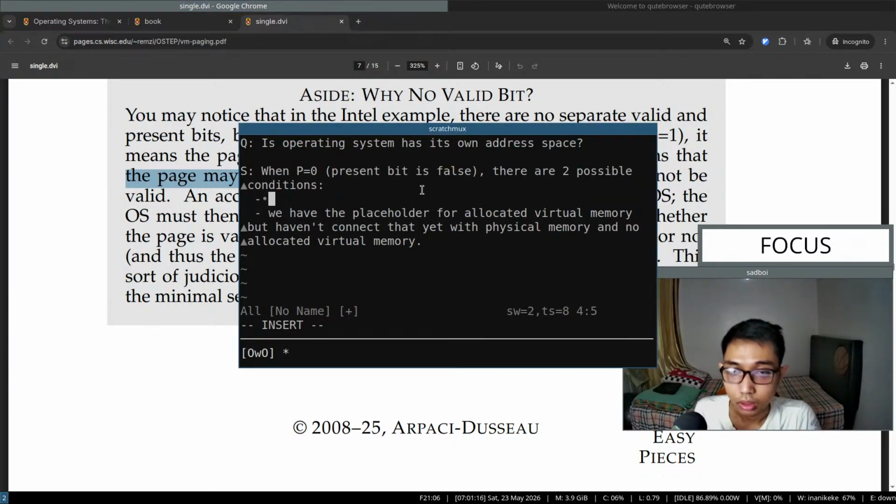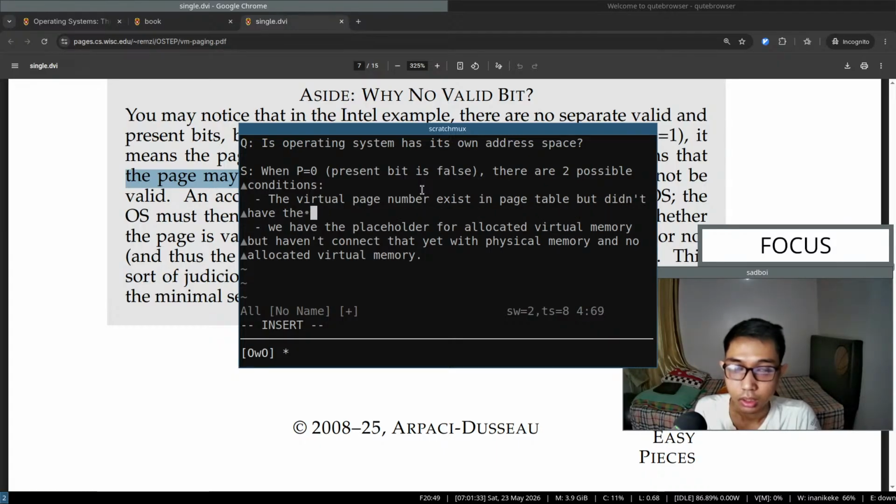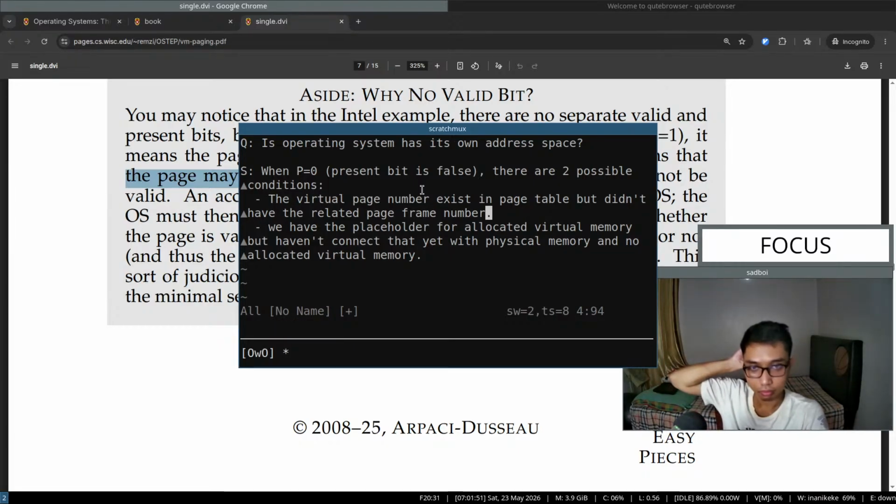Let me read this again. The virtual page number exists in the page table but didn't have the related page frame number, maybe something like that.